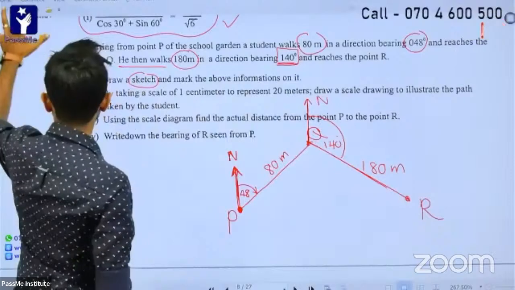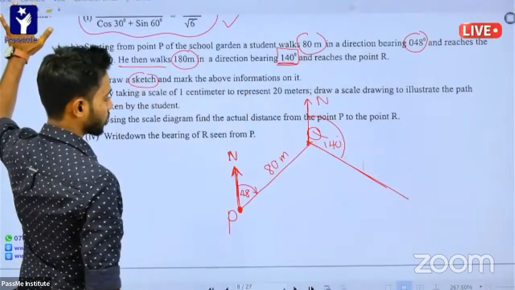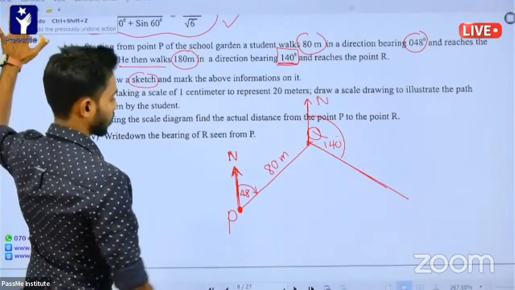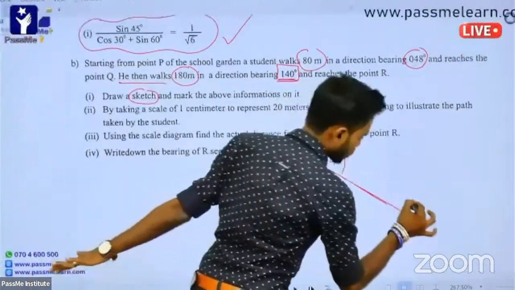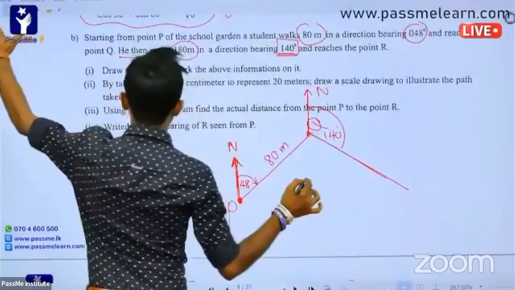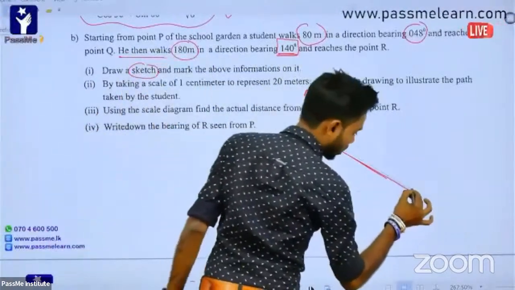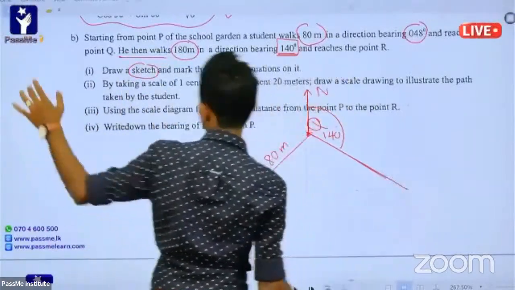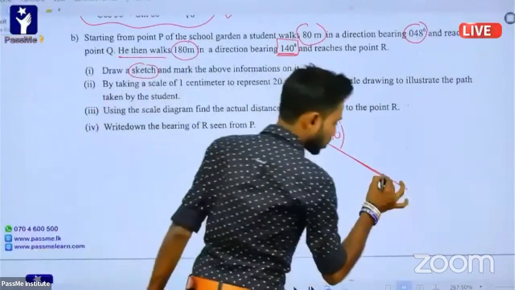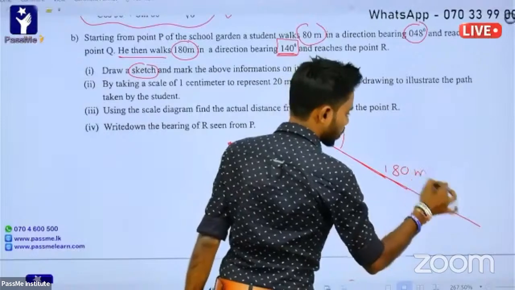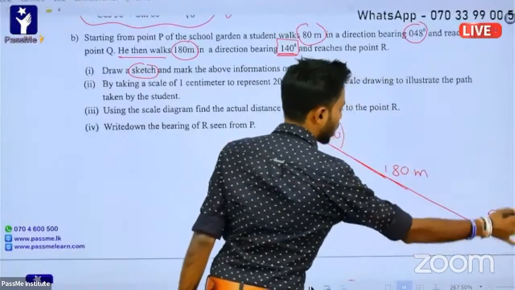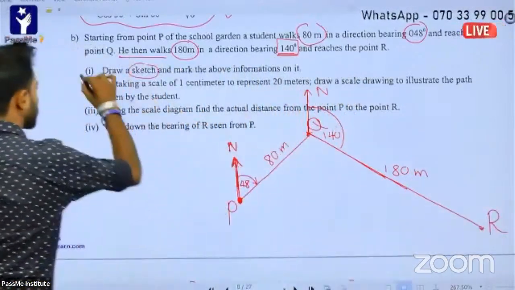So sometimes it should be more than this length, because if this is 80, it's usually more than that. That is not compulsory, but I will draw this one. Find the point R. Now, question number 1 is complete.